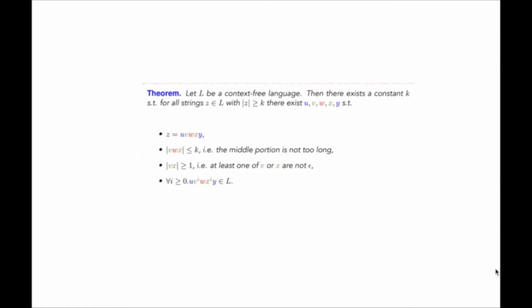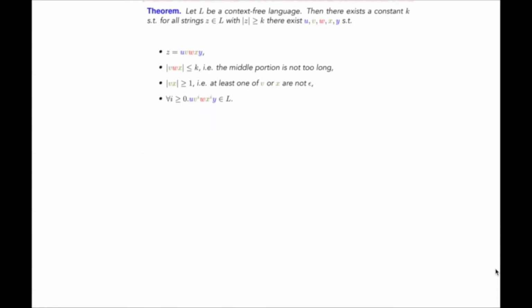The reason why both v and x can't be the empty word is because of one of the useful properties of Chomsky normal form. Starting from the start symbol, each non-terminal has to produce a terminal followed by another non-terminal, or the final non-terminal ends the path with a terminal. If these 2 conditions are met, then for any value i that is greater than or equal to 0, pumping v and x by i in equal amounts will construct a pumped word that is also in this language L.